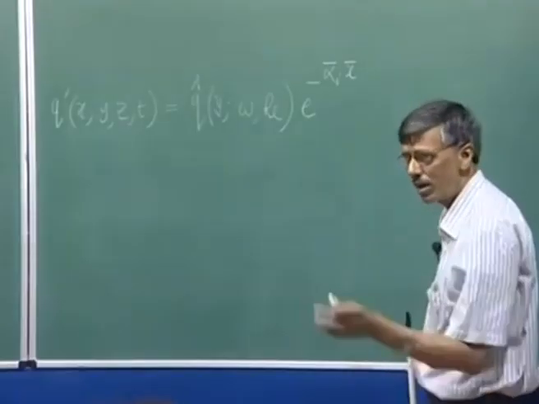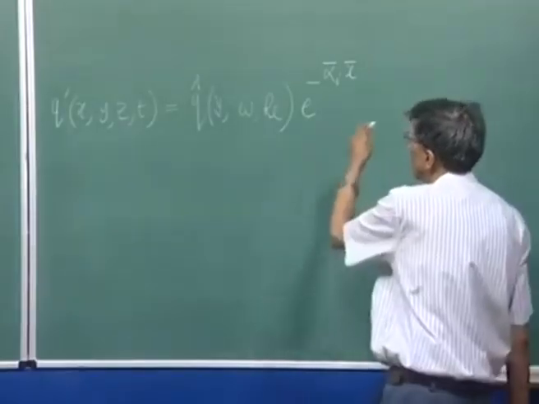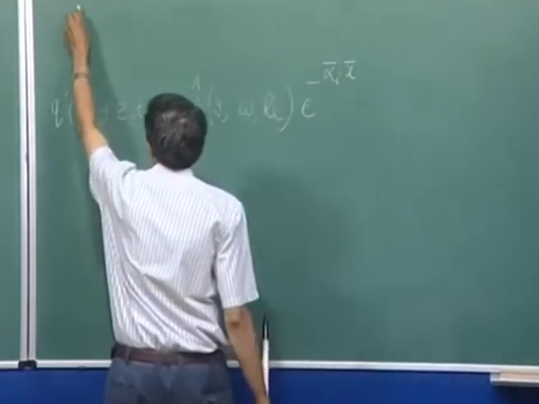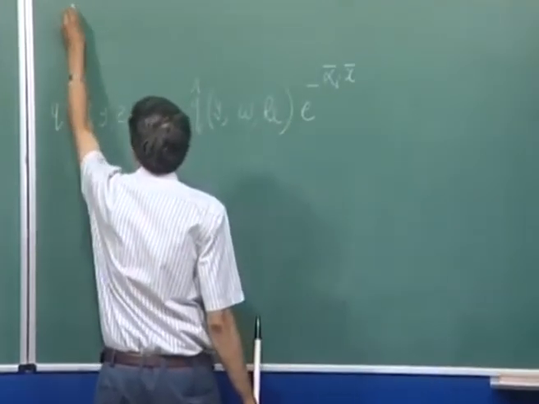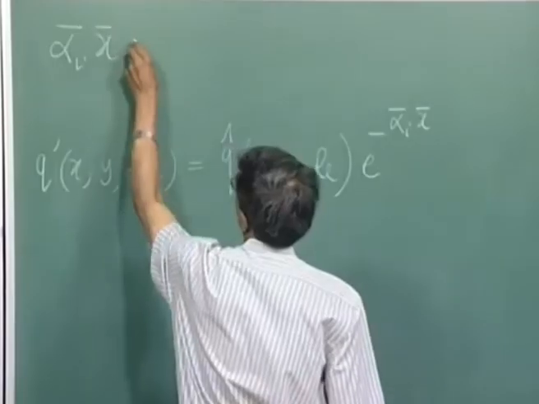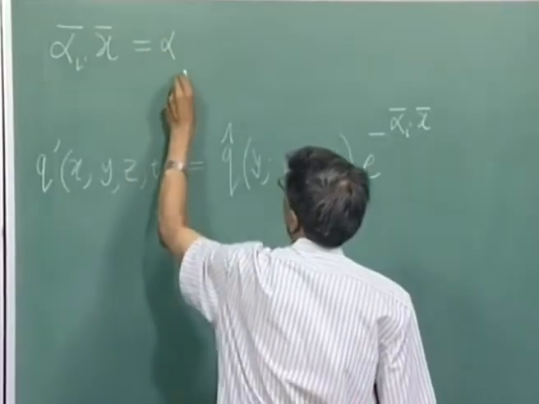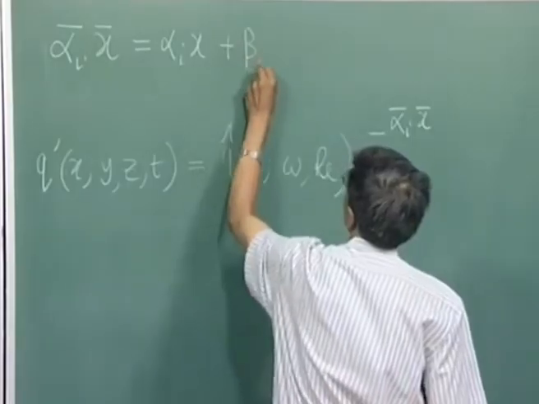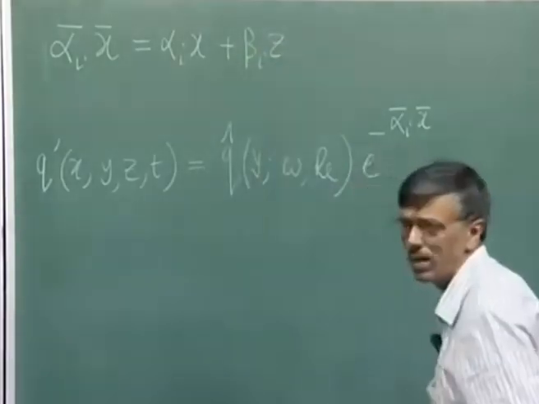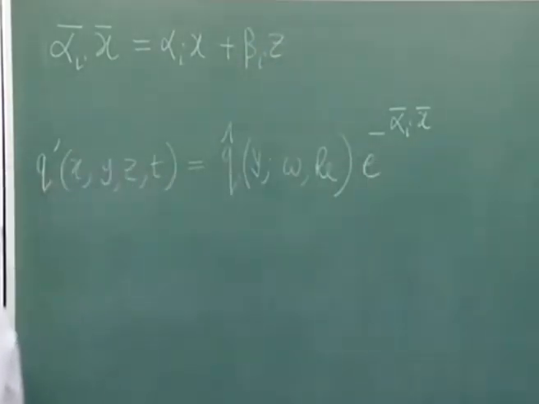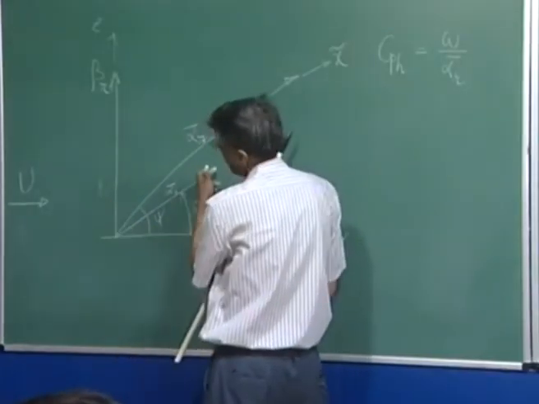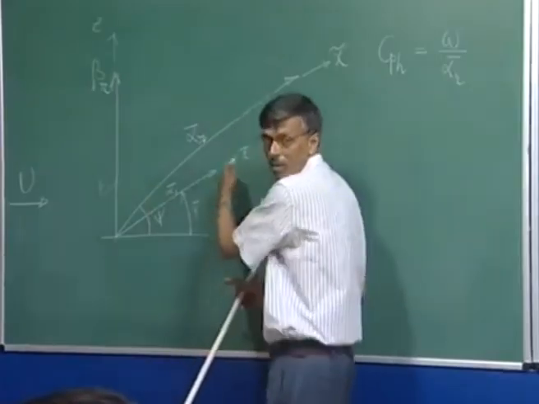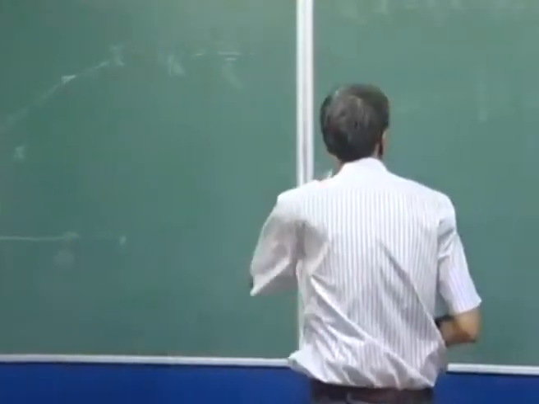Okay? So, I could do that. Basically what we are writing is alpha I bar x bar is equal to alpha I x plus beta I z. That is what it is, you can see. So, alpha I x plus beta I z, the resultant is alpha I bar x bar. So, that is what we have written there.